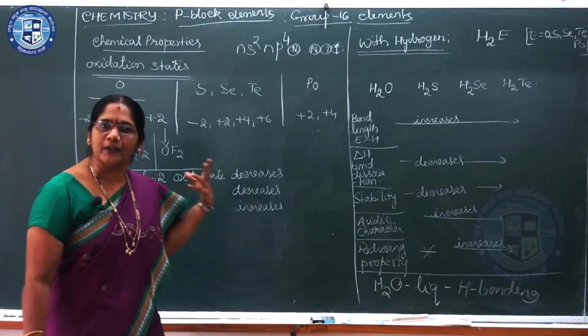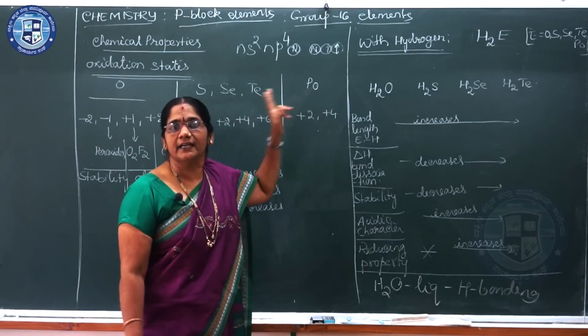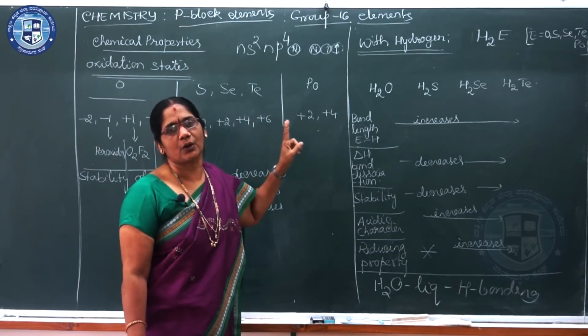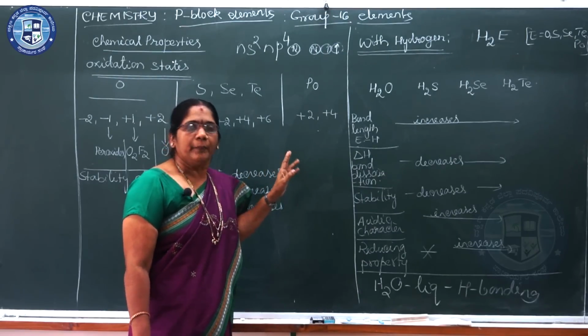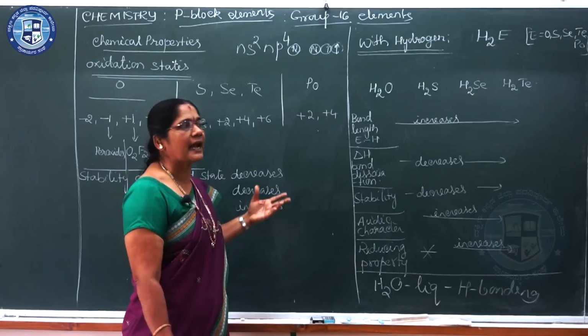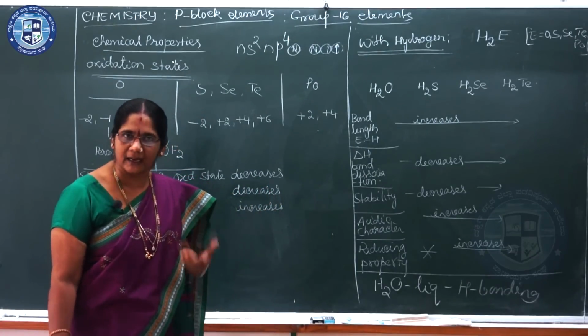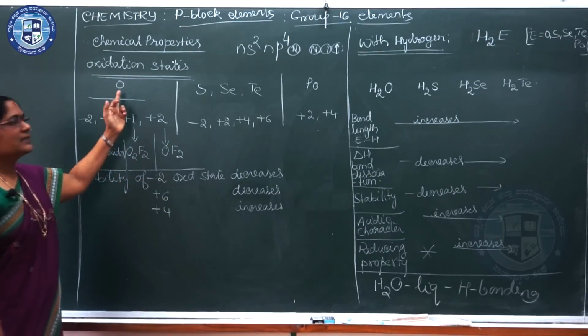So, they need two more electrons to complete the octet and become stable. But depending on the mode of formation, conditions and the elements with which they are combining, they exhibit variable oxidation states. Now we will see one by one.